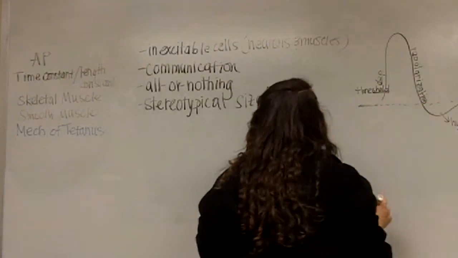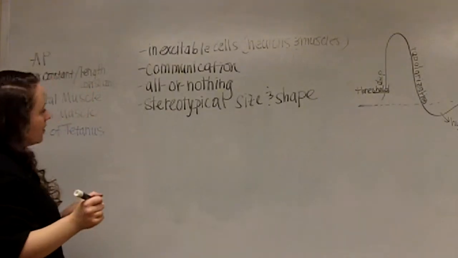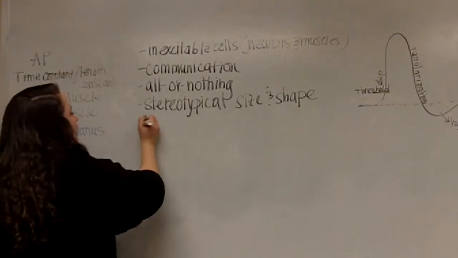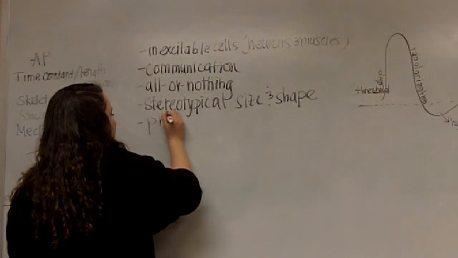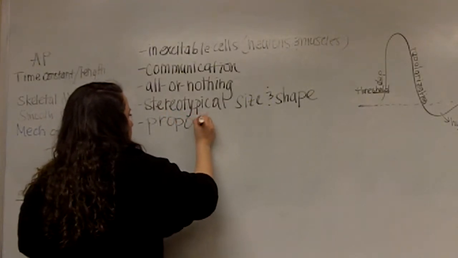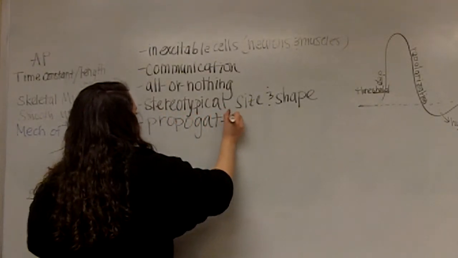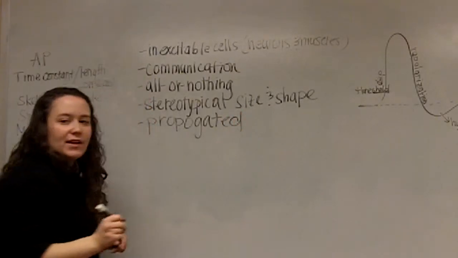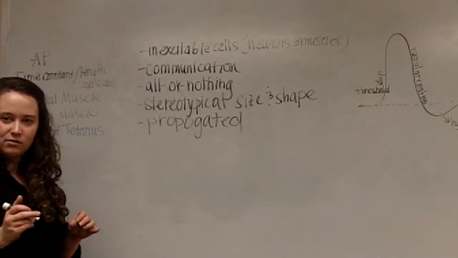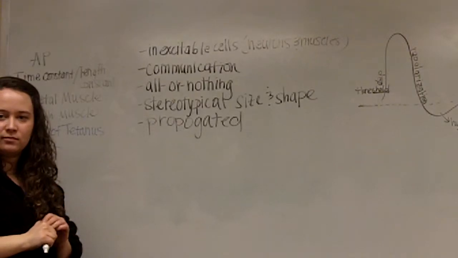Okay. All right. So there was something else I was going to say. Action potentials are propagated, which means they start in one place, but they travel. They don't stay in the same place that they started.